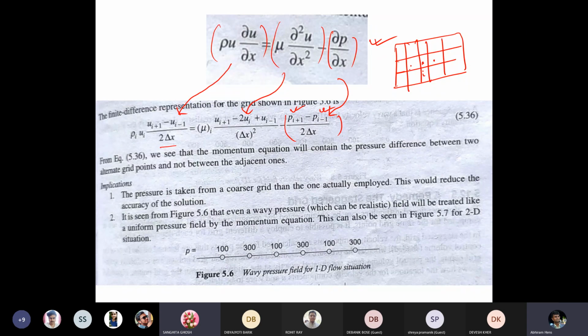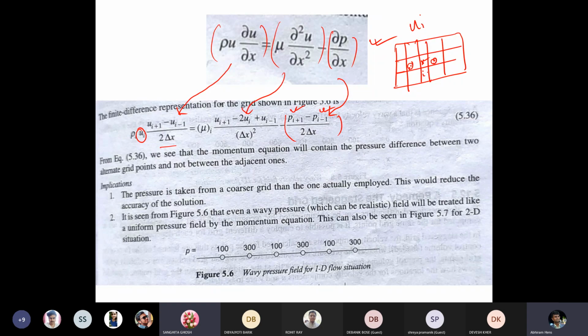So you are considering pressure at the p_{i-1} point and this point for calculation of the properties at this point. You calculate u_i here, but you are considering pressure at these two points. So the pressures at the alternate points have no influence on the velocity u_i, because p_i is defined one step ahead and one step after, right?